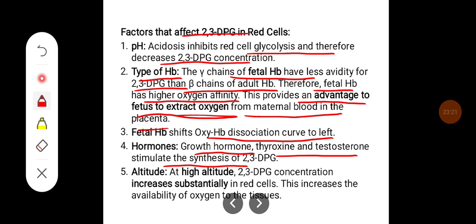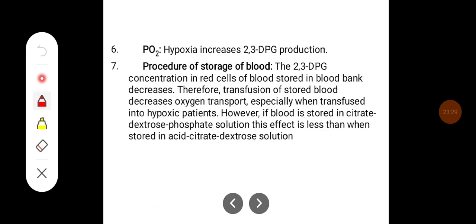At high altitude, 2,3-DPG concentration increases substantially in red cells. So this increases the availability of the oxygen to the tissues. The hypoxia increases the 2,3-DPG production. Okay. And while you store blood, the 2,3-DPG concentration in the red blood cells is going to decrease.